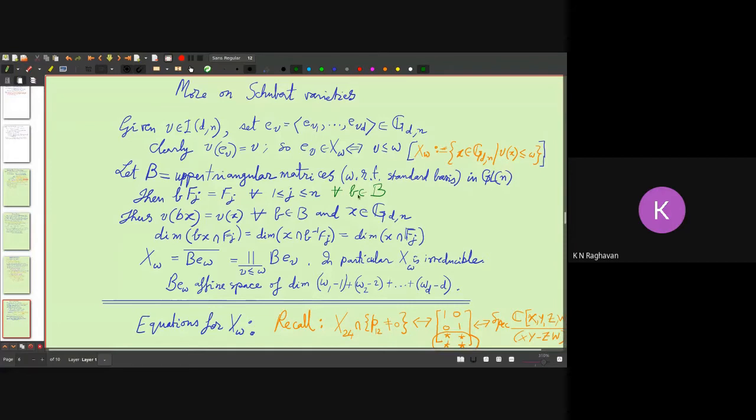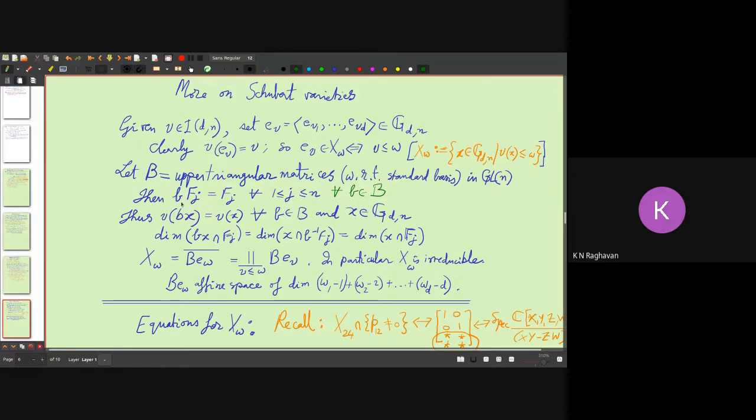If I take an upper triangular element and hit Fj with it, it doesn't move at all, it fixes it. In fact, B is the stabilizer of the entire flag.